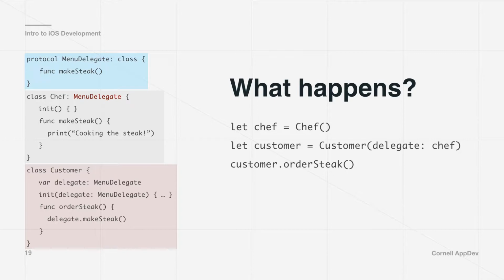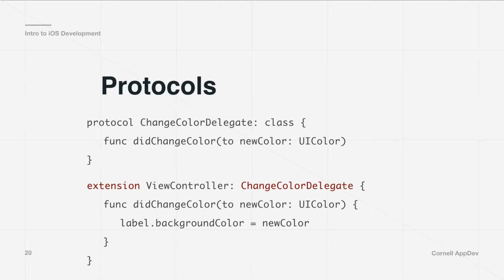This is what would happen. If you have a chef that conforms to this protocol, you can pass it into the customer and say, this is your new delegate. This is who you have as a point of reference to access all these different menu items. Whenever the customer wants to order a steak, they just call that function. Going a little deeper into protocols, anyone who conforms to this protocol is able to call these functions.